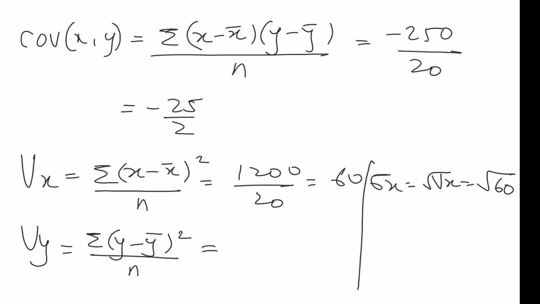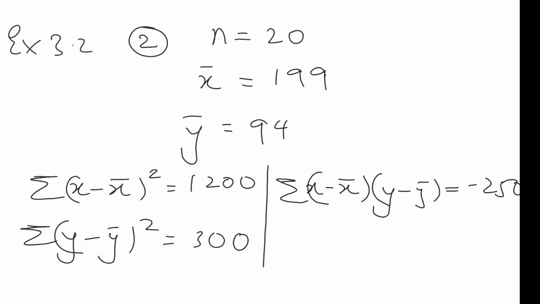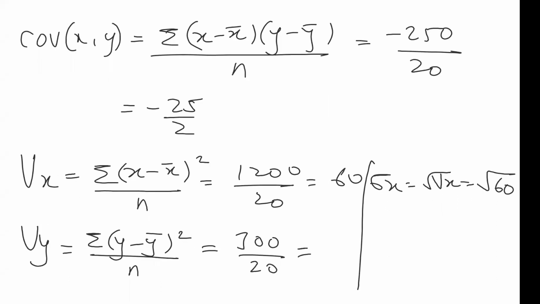Then variance of y is equal to, I think I have copied some data wrong over here. This should be 300. So 300 upon 20, which is 15. Standard deviation of y, square root of variance of y, which is square root of 15.